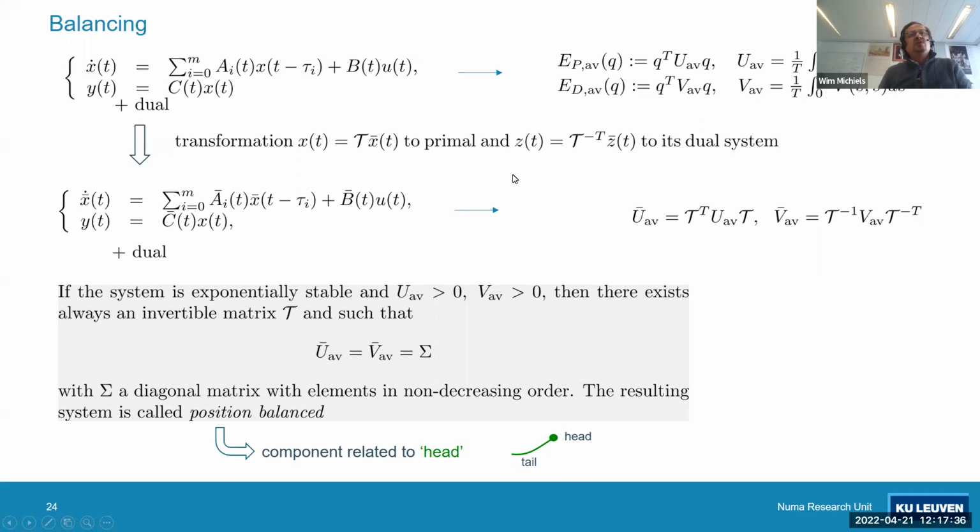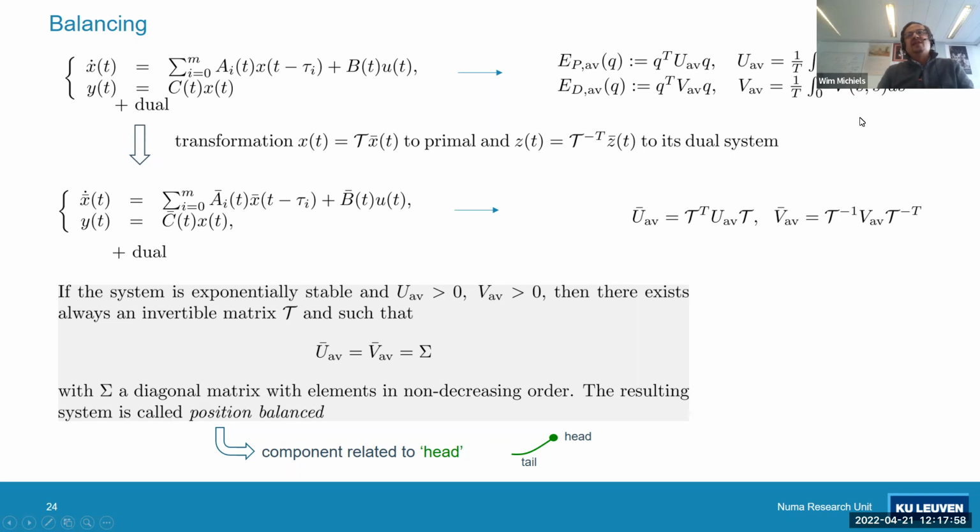So what do we now do at the end? At a higher level, the methodology is pretty standard. I want to preserve the structure. So I do the transformation, not in an infinite dimensional function space, but simply in Rn. And you do something similar to the dual system. And what's the effect of that?